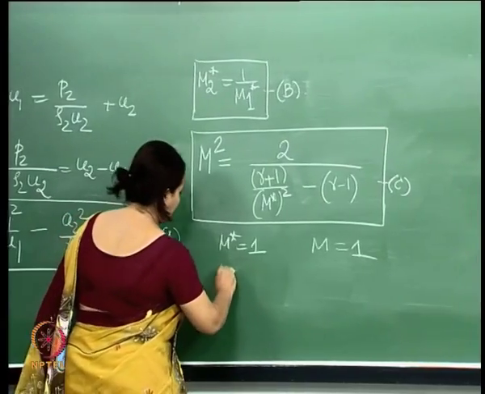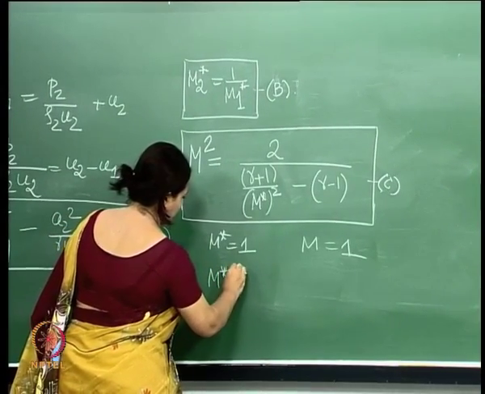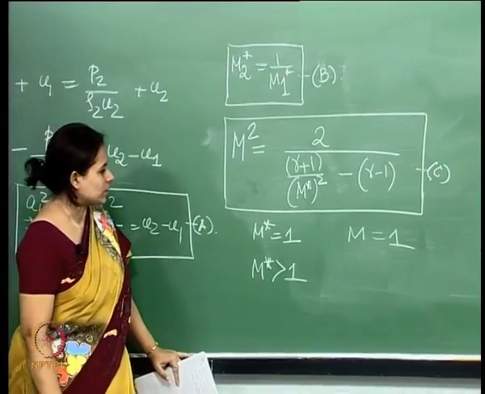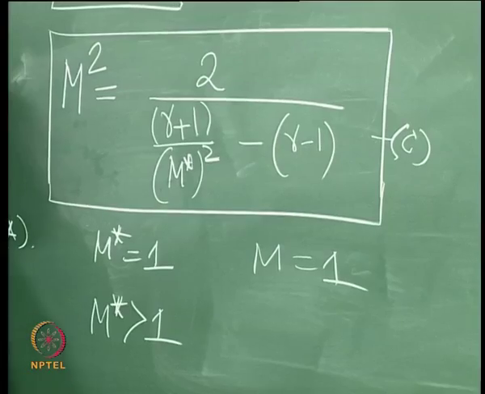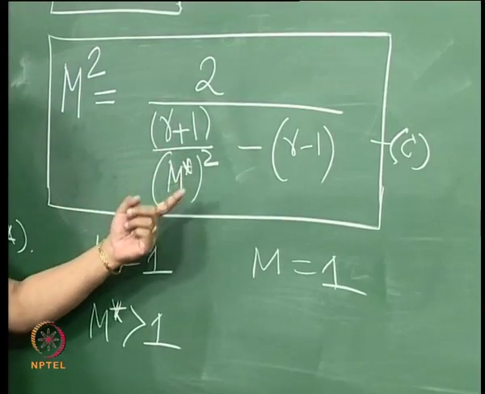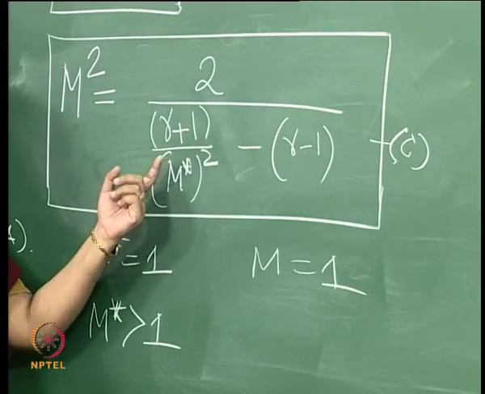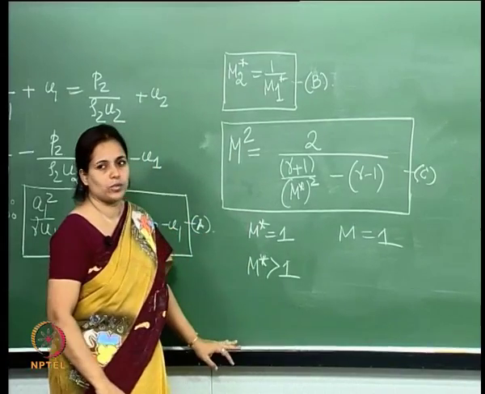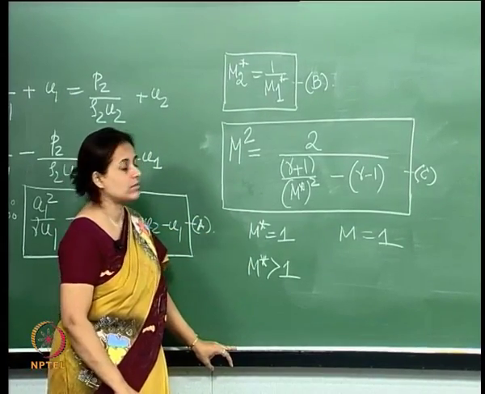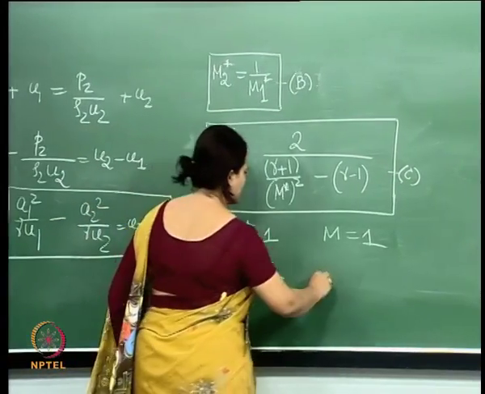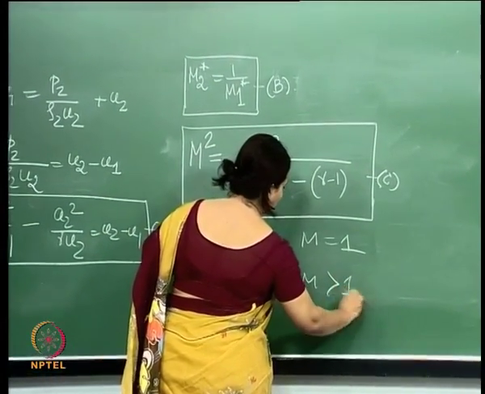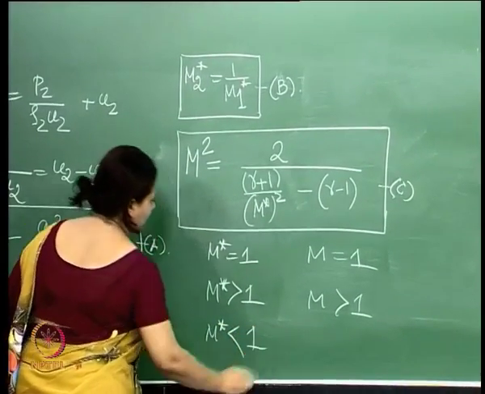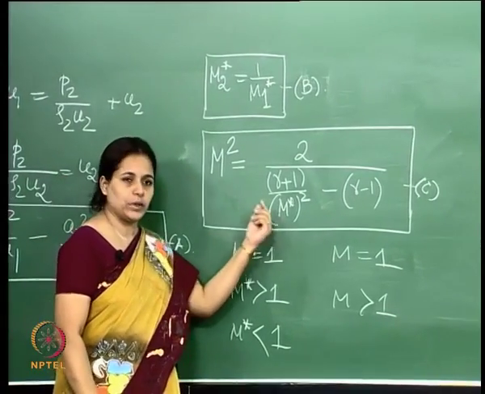Now, let us say M star is supersonic, then what do we get over here? I think the best way to do that is to put a value for M star, say 2 out here, and then see what you get for the Mach number M. Similarly, if it is subsonic, the best thing to do is just put an actual value.